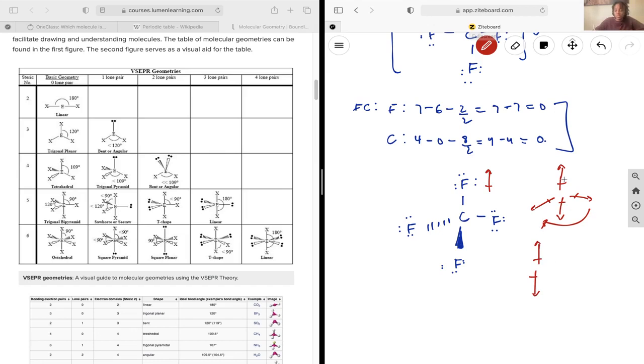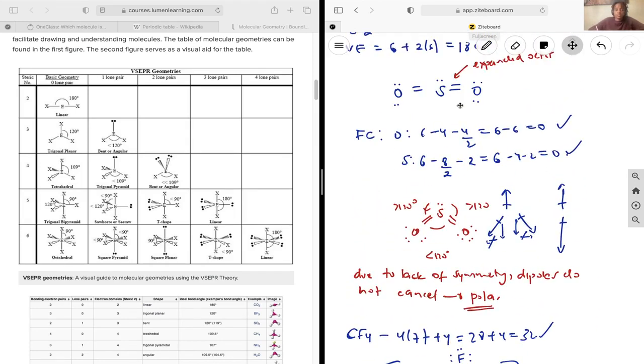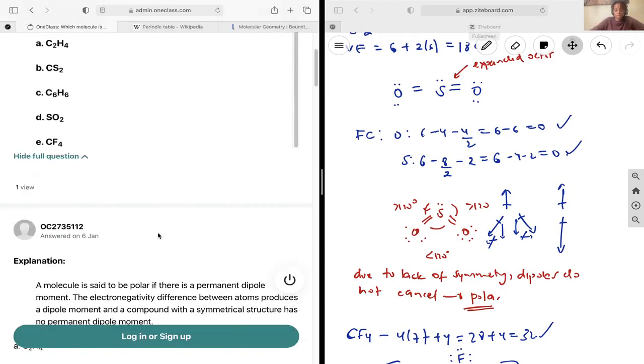And then what is going to be left is for it to cancel out with this one that is going up, and so the 2 will cancel out too, leaving no dipole moment. So with this one, due to symmetry, it'll be non-polar. And so from everything we find that the only polar one is going to be SO2. So D is going to be your correct answer.